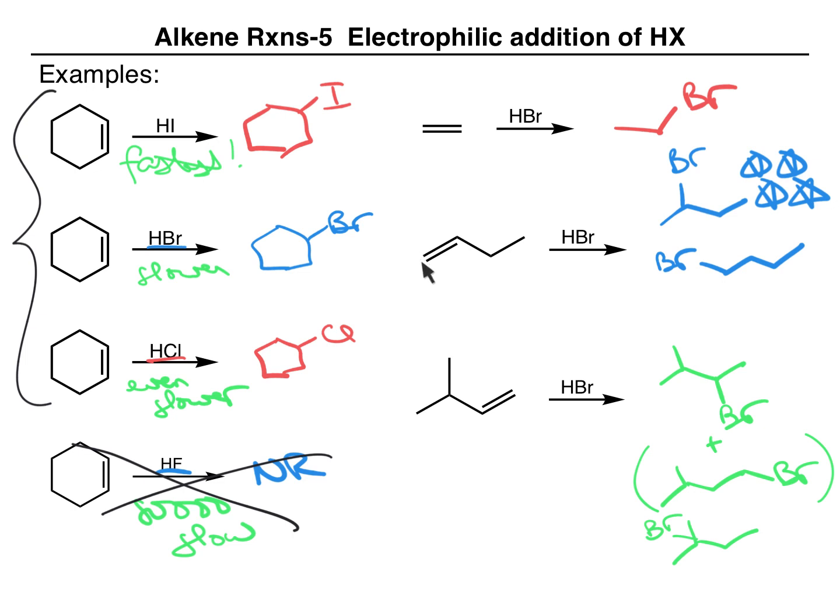So the hydrogen adds to the carbon that starts out with more hydrogens, and the bromine adds to the carbon that starts out with fewer hydrogens. So there is a regioselectivity in this reaction. And finally, if we look at this example, we have the same situation with regioselectivity, similar to what we saw up here, but we also have a different arrangement of atoms where the bromine became connected to a carbon that didn't have the alkene. So what does this experimental evidence tell us about the reaction mechanism?